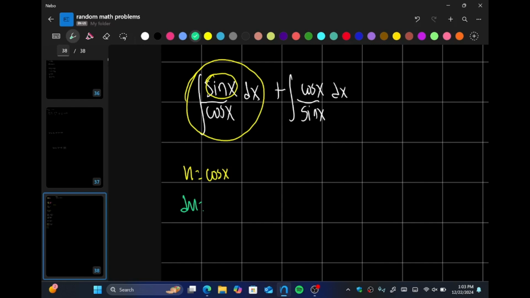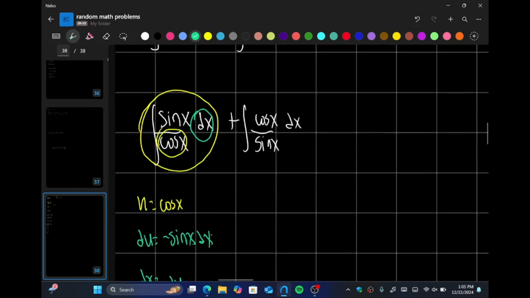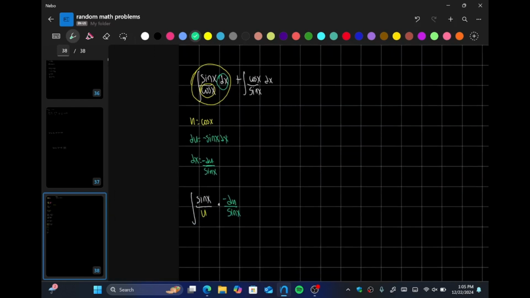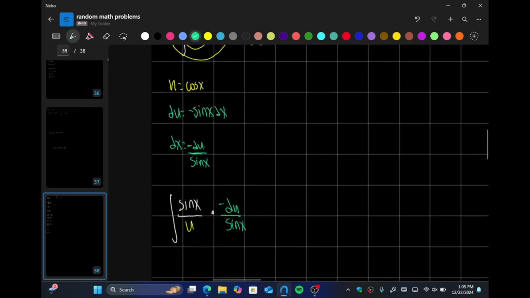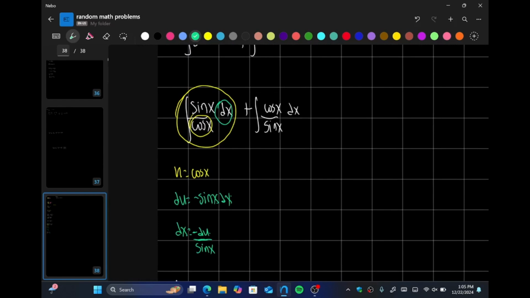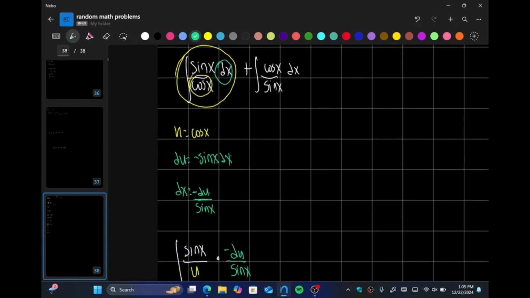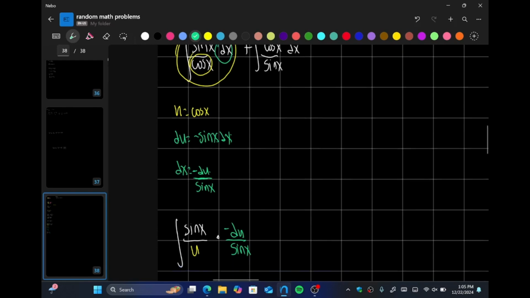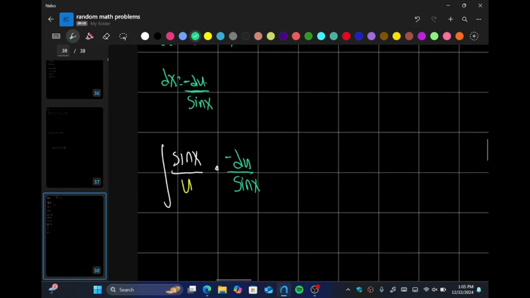Okay, guys, so I'm doing the first part here. You just use u substitution. u is cosine x, du is negative sine x dx, dx is negative du over sine x. Substitute it. This is going to cancel out.